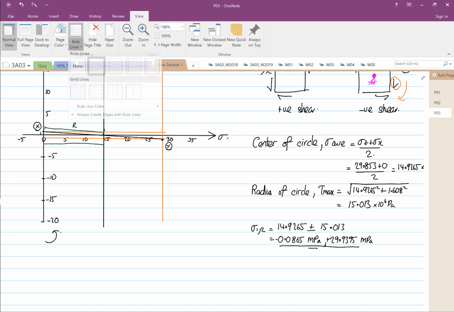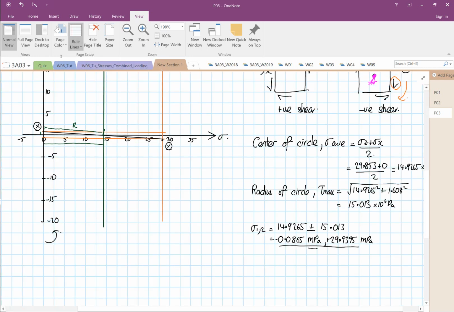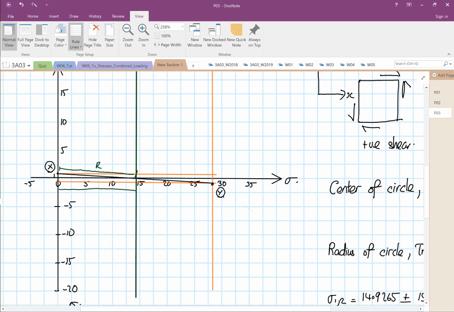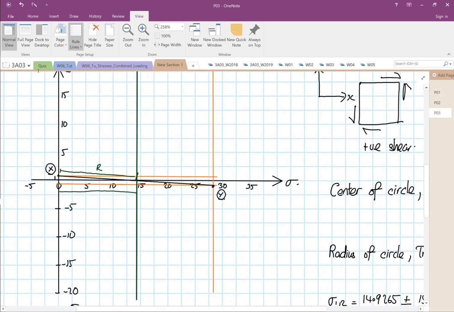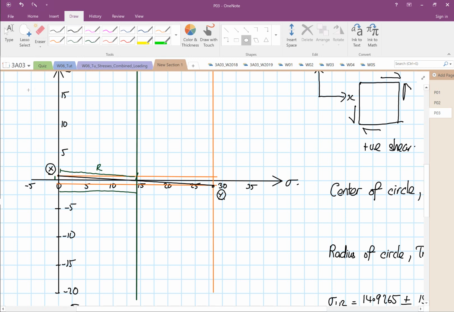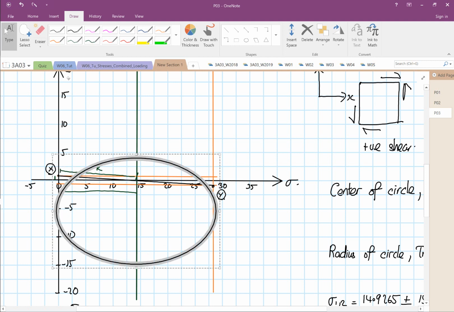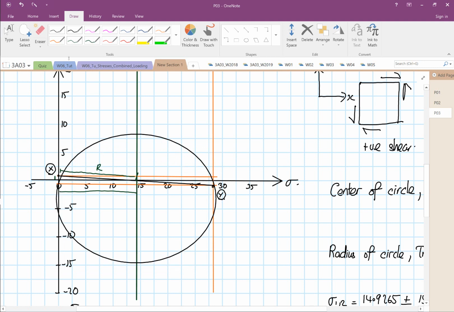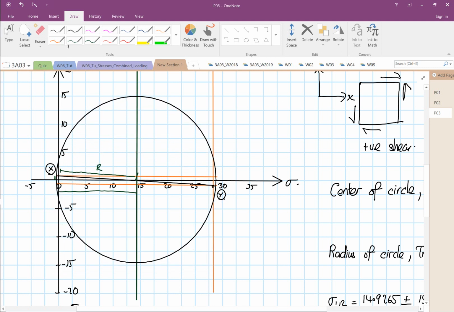So I'm going to sketch the circle out. You will pass slightly to 0, and you go slightly beyond 30. And then you go 15, and you go 15.